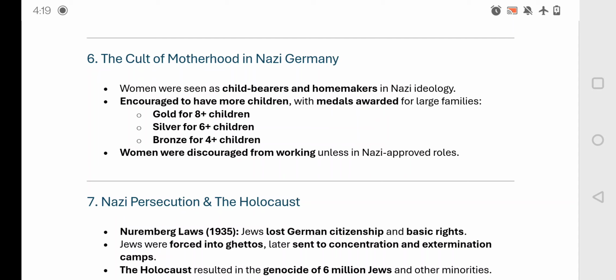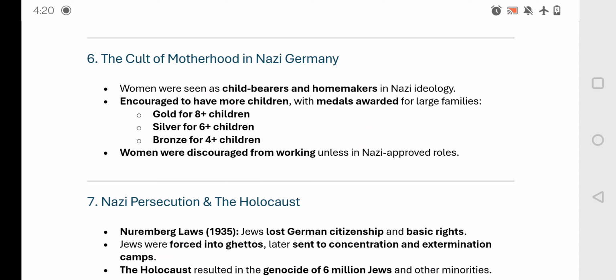Then we talk about the motherhood cult. In Nazi Germany, there was specific treatment of women. So let's see what was there. Women were seen as childbearers and homemakers in Nazi ideology. Their only job was to take care of the children, to give birth to children, and take care of the home. They were encouraged to have more children, with medals awarded.